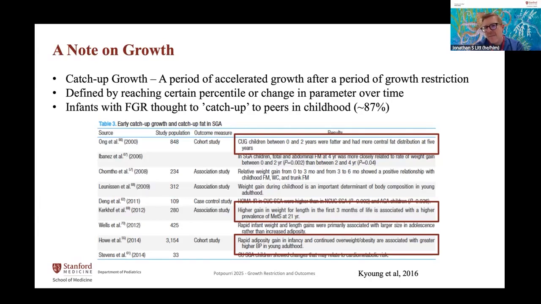So to summarize this set of studies, the more quickly you catch up in terms of your weight and growth, it actually might not be of benefit to your long-term health in terms of your metabolic health and your risk for obesity and obesity-related illnesses like hypertension.